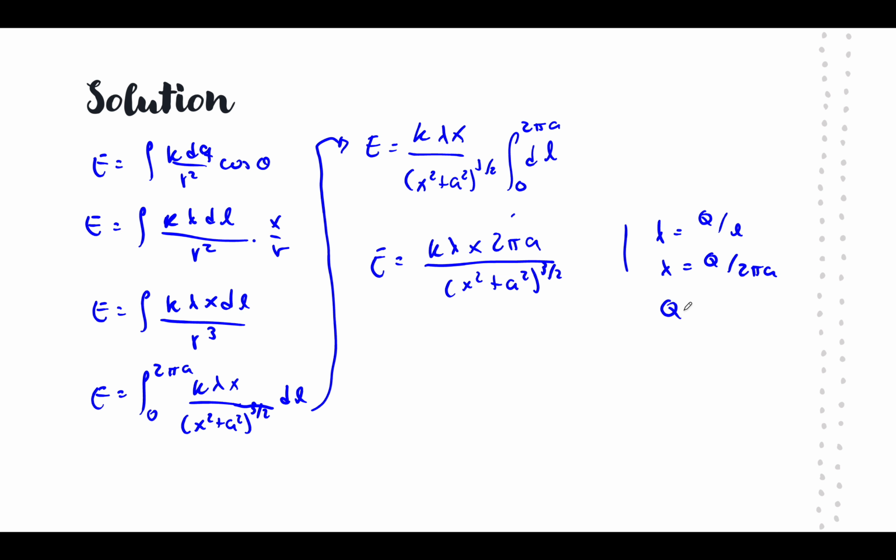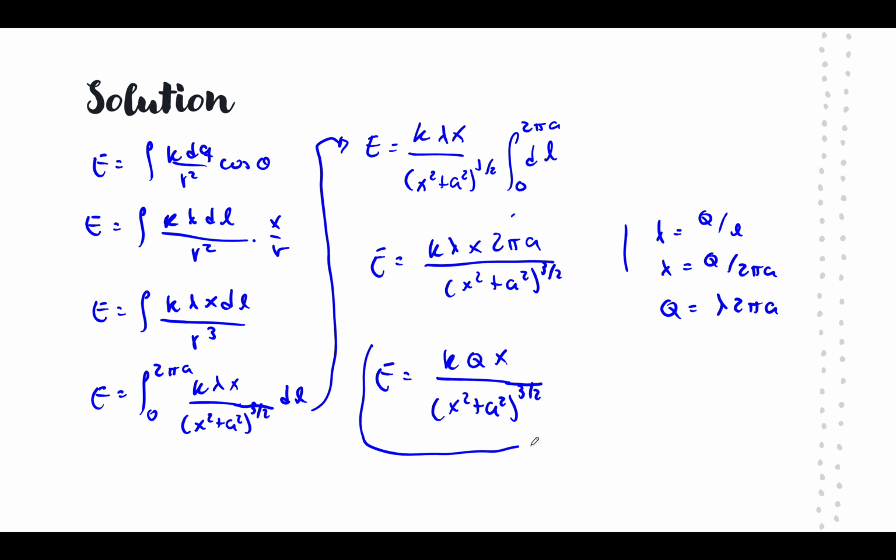So that means that Q is going to be equal to lambda times 2 pi a, which means that our electric field is going to be equal to kQx over x squared plus a squared to the power of 3/2. Ta-da! So that would be our answer right here.